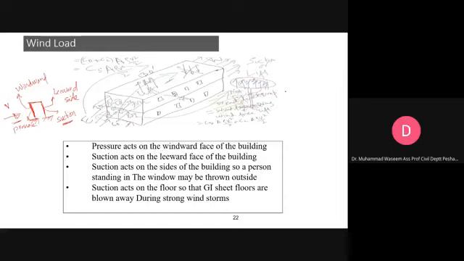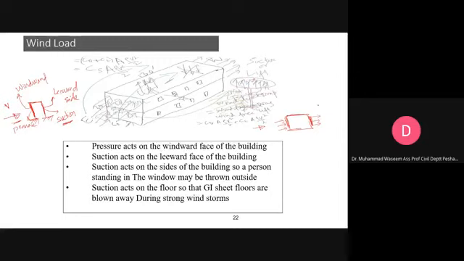To elaborate further, for example, this is the plan of the same building. The wind is in this direction, so it will exert pressure on this side of the building, and this side of the building will experience suction here.